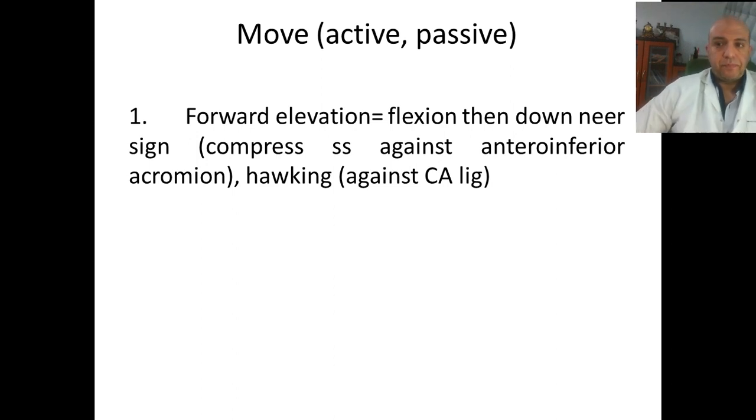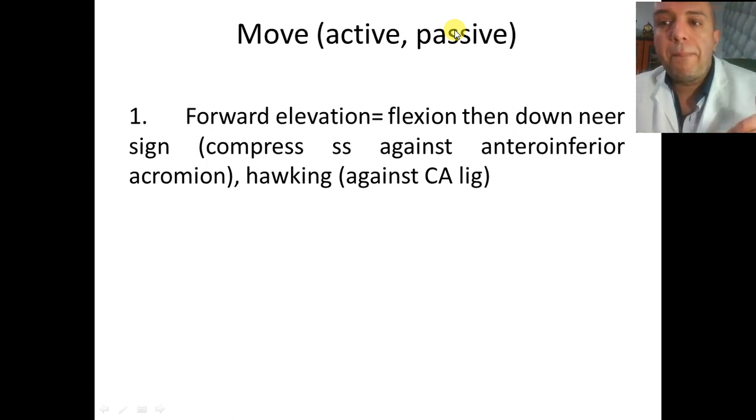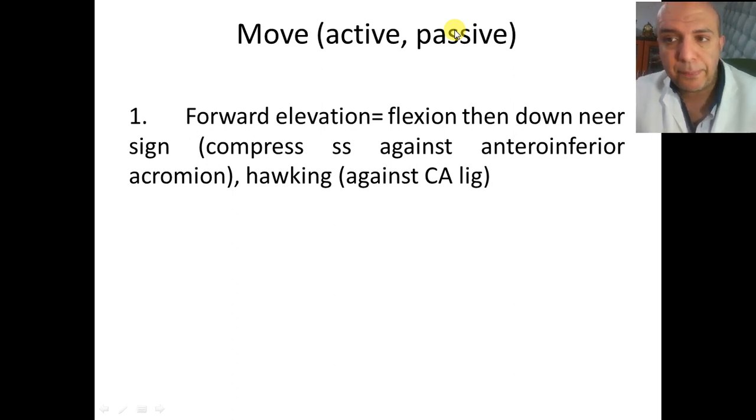Forward elevation. I inform the patient, actually we are supposed to do both active and passive. But if the patient does the full range of motion actively, why would I do passive? If he has a lag in the active test, you complete the movement with your hand, after stabilizing the scapula.